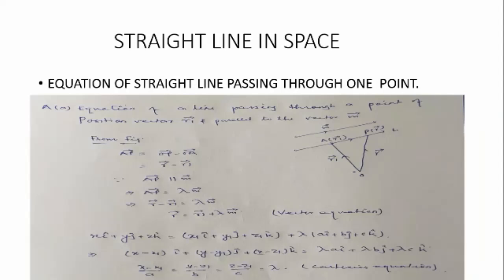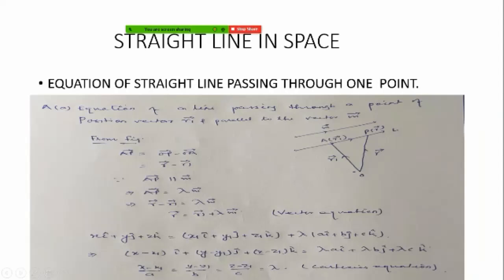Here I consider an arbitrary point P with position vector r on the line L. With the help of vector algebra, we can determine the values. Vector AP equals position vector of P minus position vector of A. You can see my cursor showing this here.